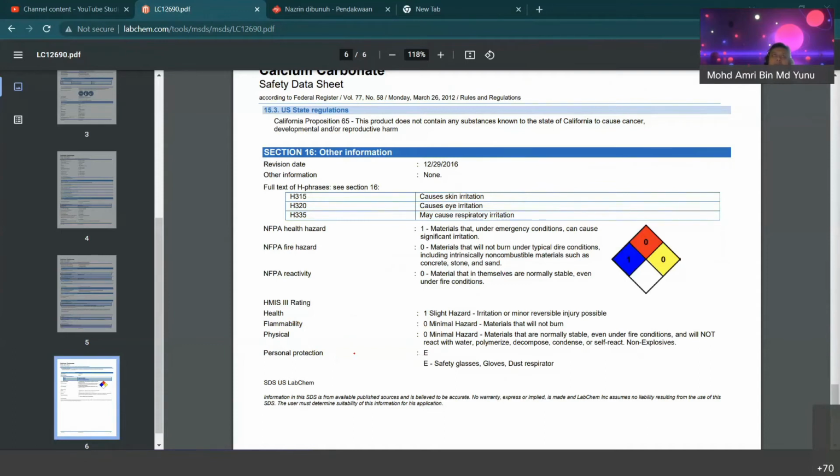You must know how long you should be exposed, or what the permissible exposure limit is for a certain chemical if you have to do the experiment.